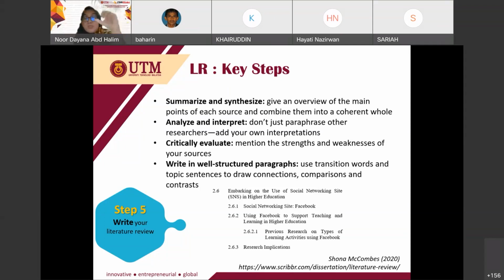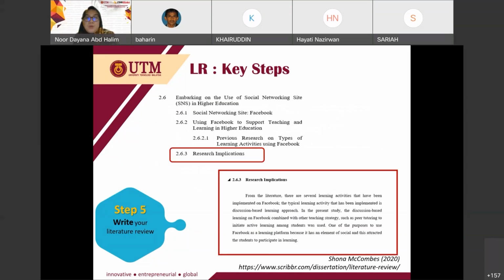For example, this one is about Facebook, so you will conclude what you discussed in the research implication. The research implication is only about 1 or 2 paragraphs. So it is a conclusion from the literature that the student writes.